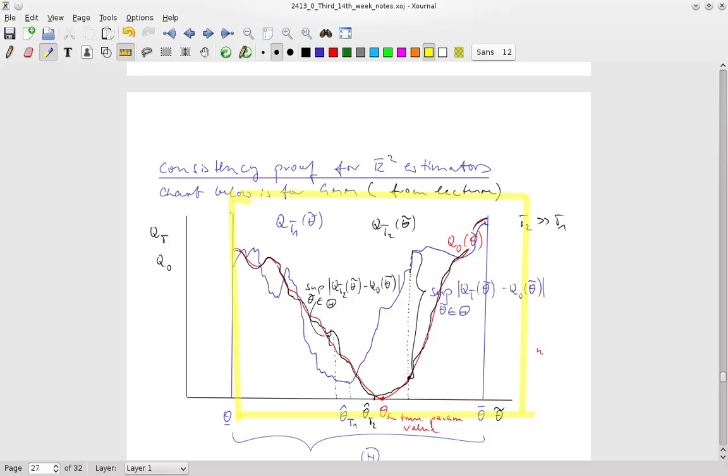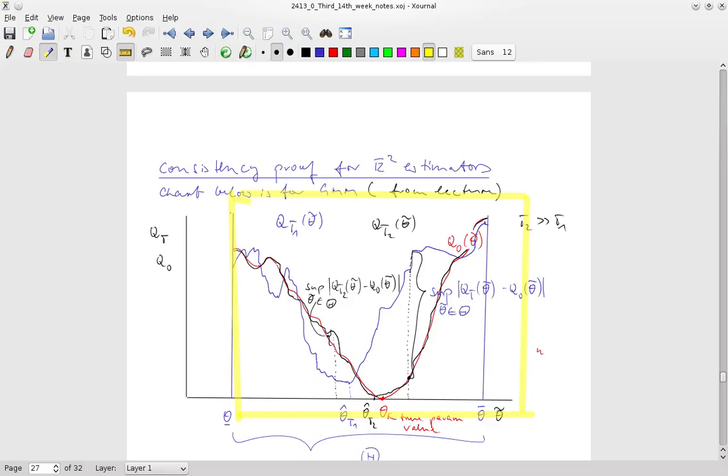There are actually attempts out there which try to specialize this general consistency theorem, which is very general, to specific cases, and also to the GMM case. And these specializations essentially recognize that the Qt function for extremum estimators emerges either as a sample mean itself, like for maximum likelihood or for nonlinear least squares, or in the case of GMM, that the objective function is itself a function of sample means.